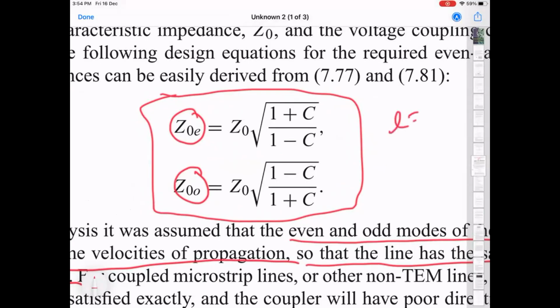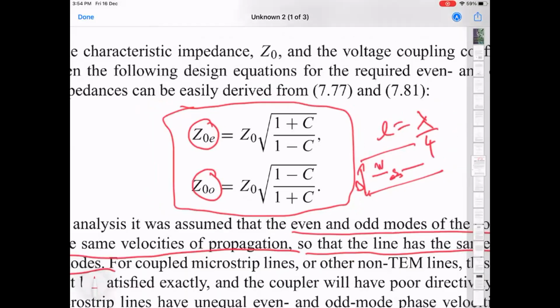So the length of this transmission line is lambda by 4. And that's it. Your B is given, and then you need to compute this W and S, choosing them such that you get the odd and even mode impedances you need, and then this whole thing should work.